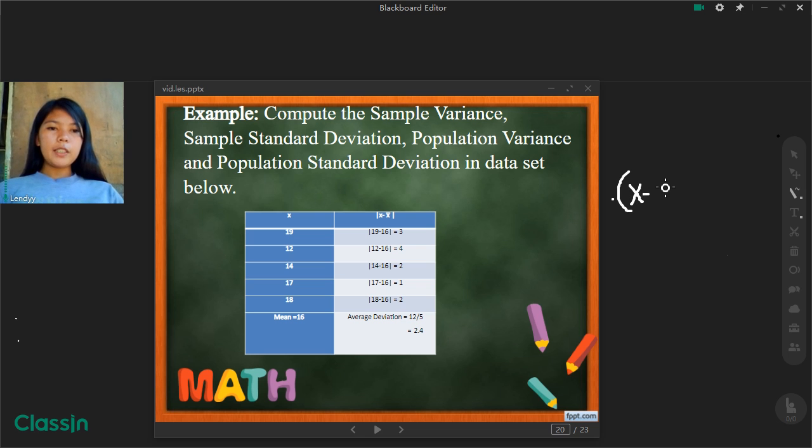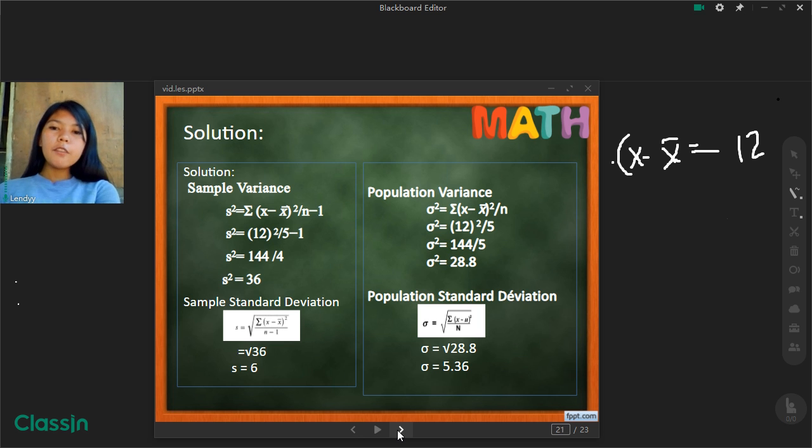So in sample variance, we'll use this result. Here we have 12. We already have 12 here.